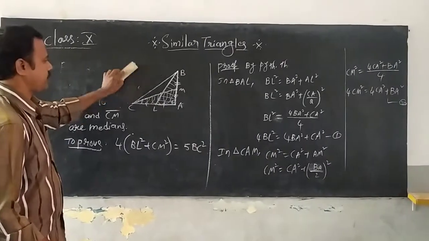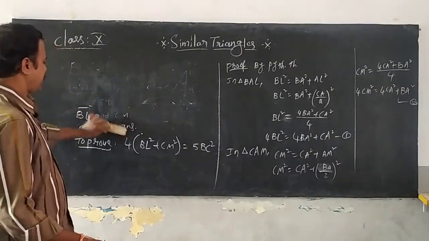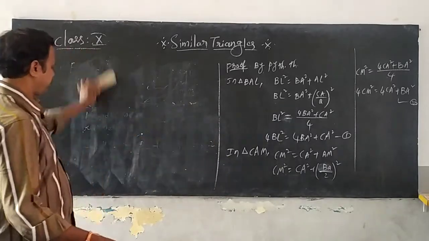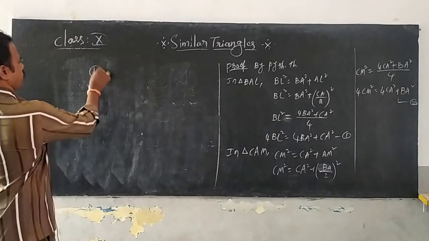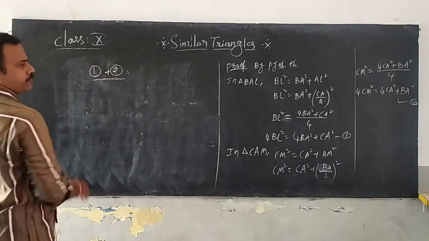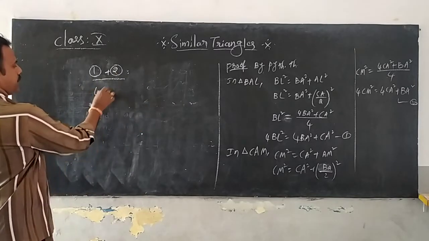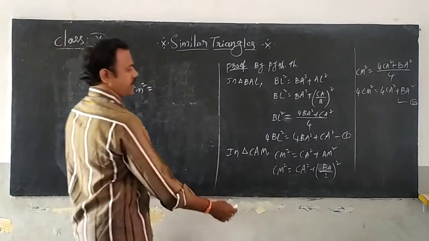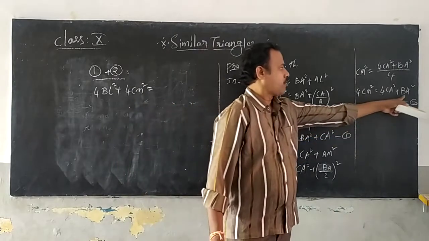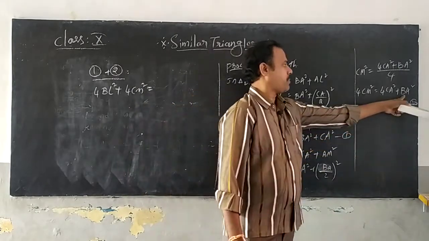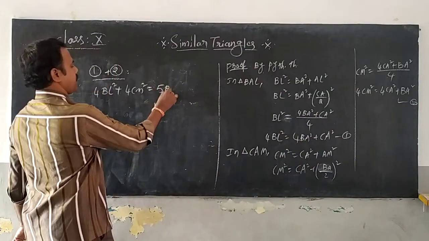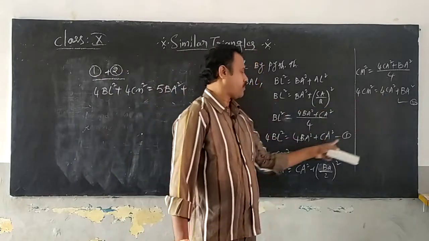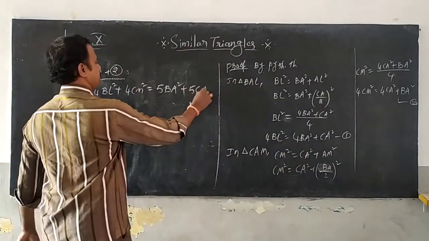Observe carefully this figure. Now 1 plus 2 implies: 1 is 4BL square plus 2 is 4CM square is equal to, you have here 4BA square and here 1BA square. 4BA square and 1BA square gives you 5BA square, plus here CA square and 4CA square, 4 plus 1, 5CA square.